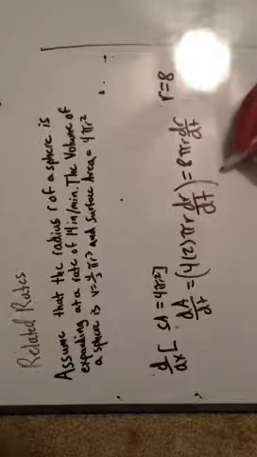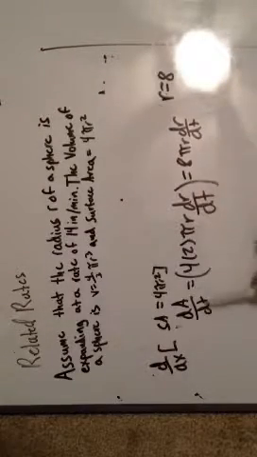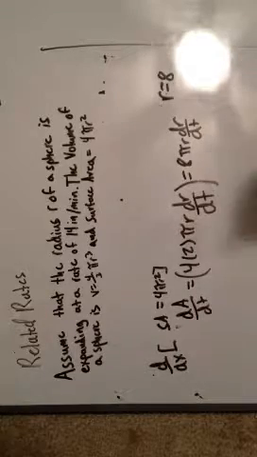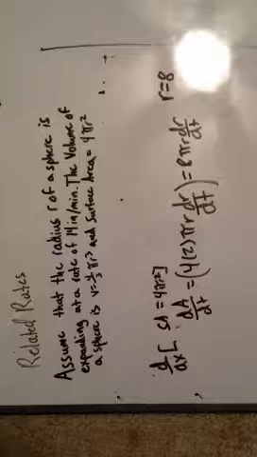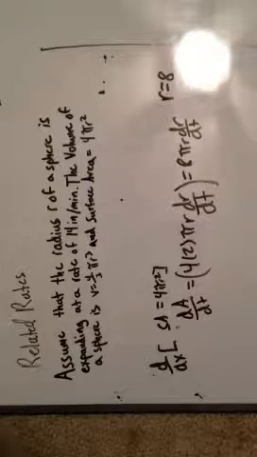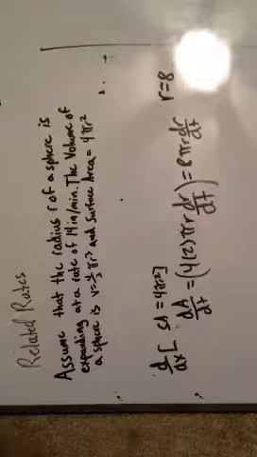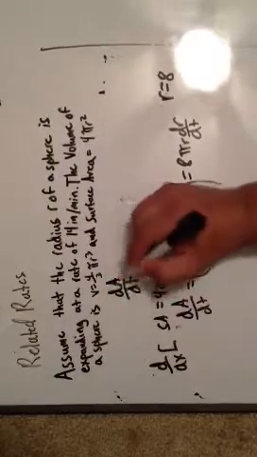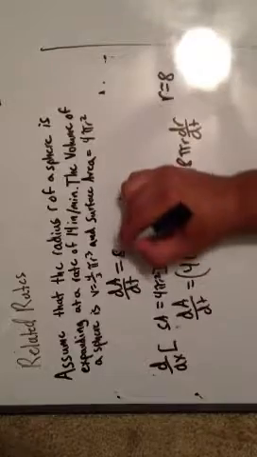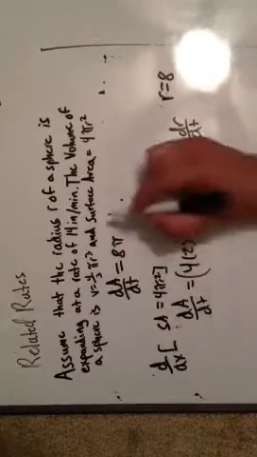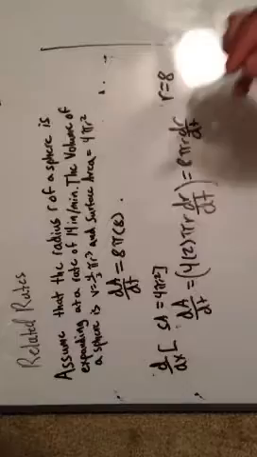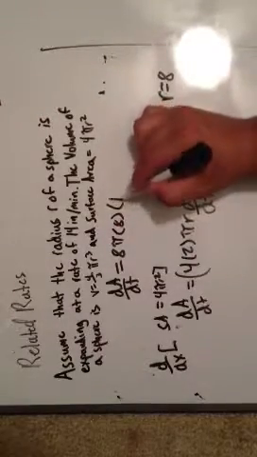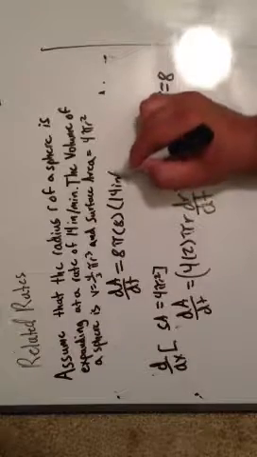So now we have our equation, dA dt is equal to 8 pi r dr dt. Now we're just going to solve, because we're trying to find how much the area is changing with respect to time when r is equal to 8. So dA dt is equal to 8 pi times r, which is 8, times dr dt, which is stated in the beginning of the problem, 14 inches per minute.